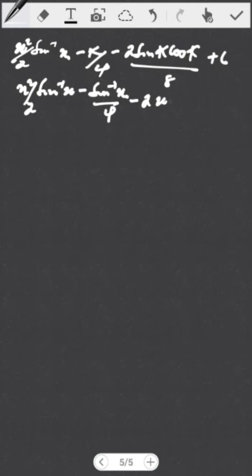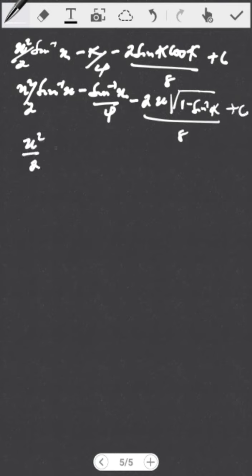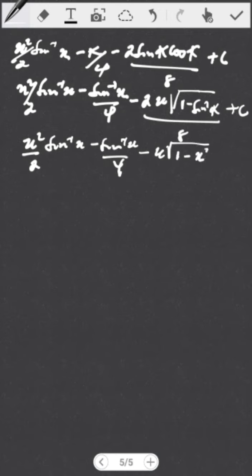This is going to be root of 1 minus sine squared k, all over 8 plus c, and therefore we shall have x squared out of 2 sine inverse of x minus sine inverse of x out of 4, then minus x root of 1 minus x squared all over 4 plus c.